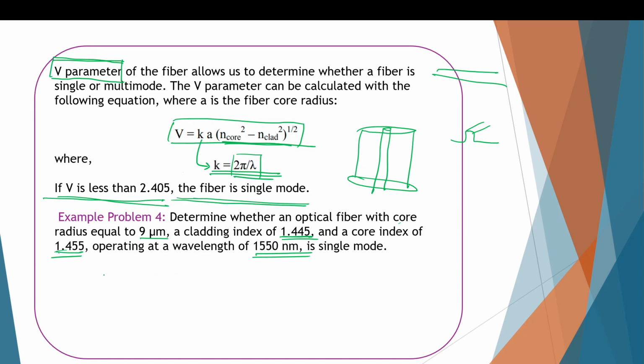So we can determine the V number. For determining the V number, first we need to find out what k is. So k is nothing but 2 pi by 1550 nanometer. And then we can determine V. We'll write everything in micrometers.